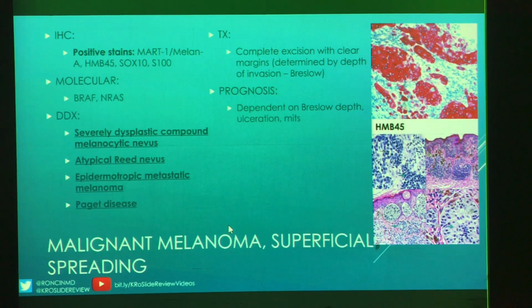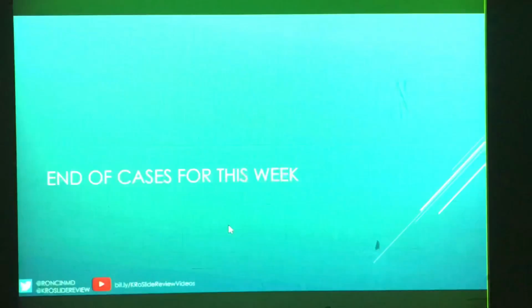So malignant melanoma, superficial spreading, is your most common type of melanoma. And it's nice having the stains be very similar across all of those, whether it's in situ or invasive. And again, keep in mind the difference between the red chromogens versus the brown chromogens.